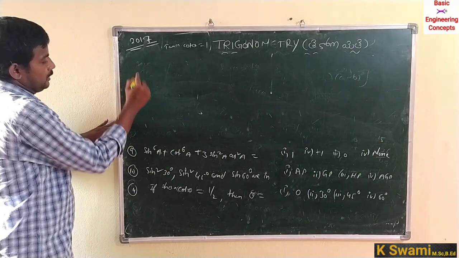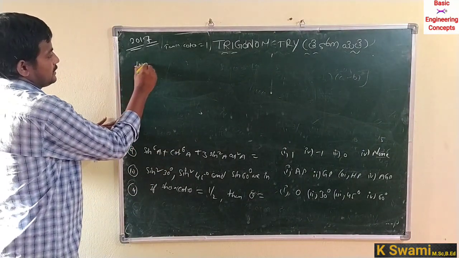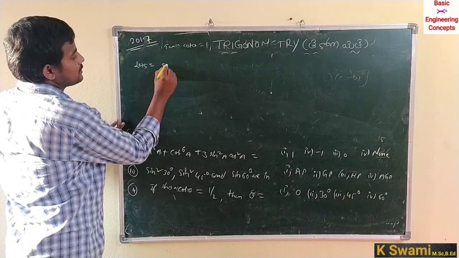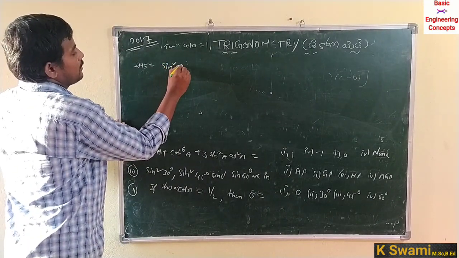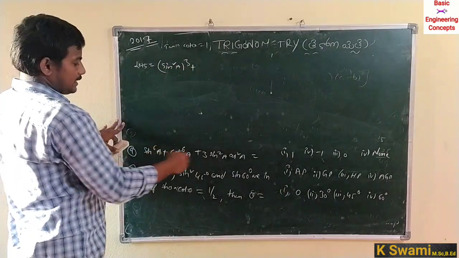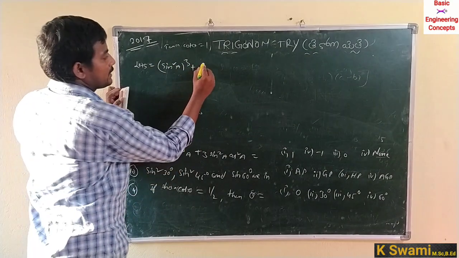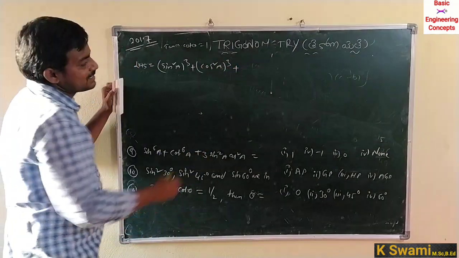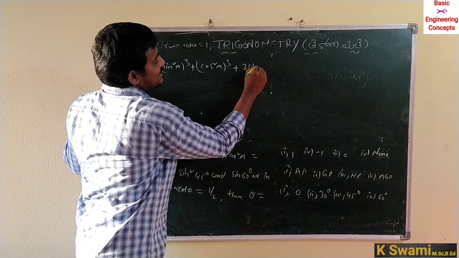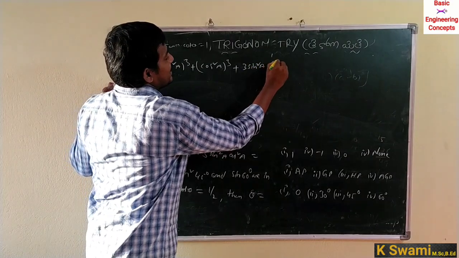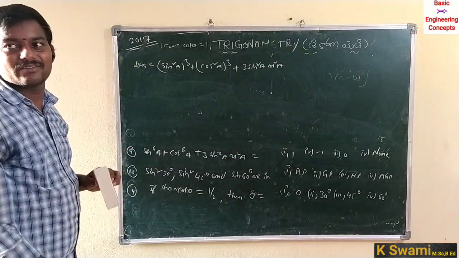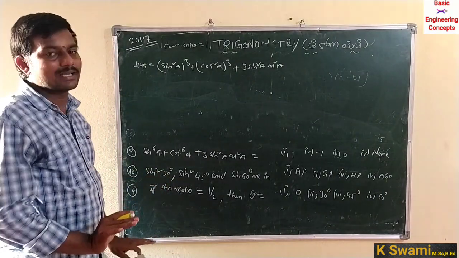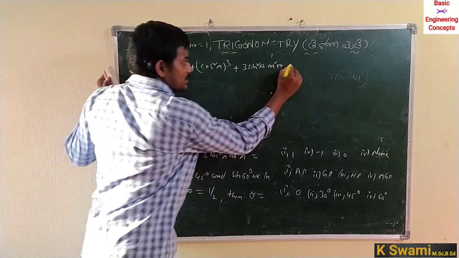So LHS is equal to sin power 6 a, which means sin square a whole cube, plus cos power 6 a, which means cos square a whole cube, plus 3 into sin square a into cos square a, and sin square theta plus cos square theta is equal to 1.